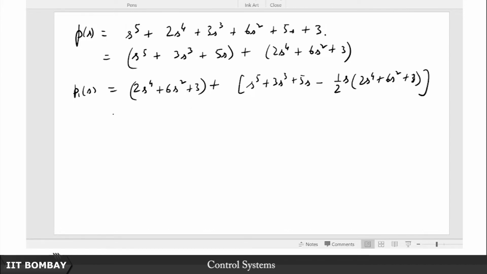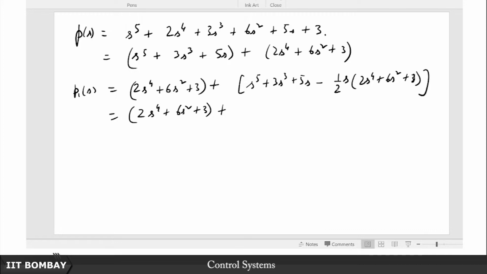Now, what are we left with? 2s to the 4 plus 6s squared plus 3 plus, notice that the s to the 5 goes off, but here is something interesting that happens.